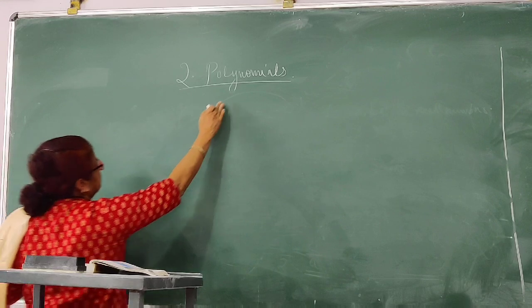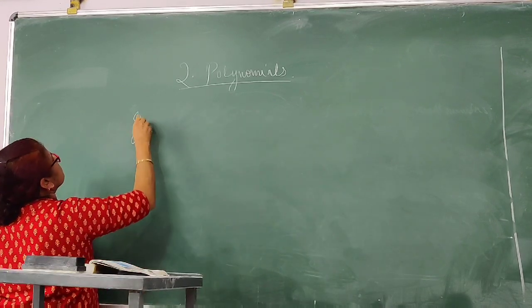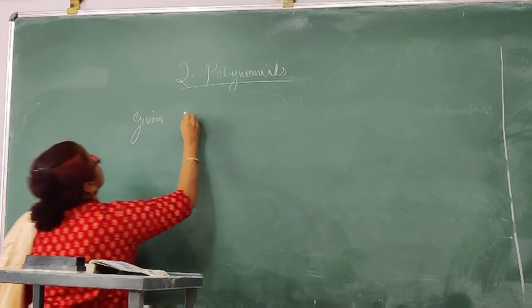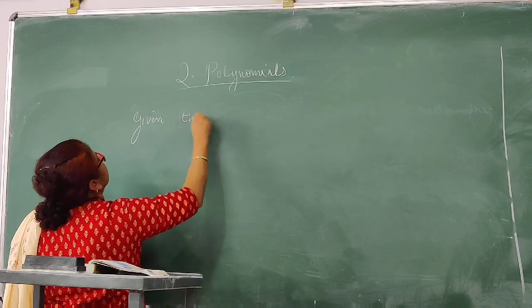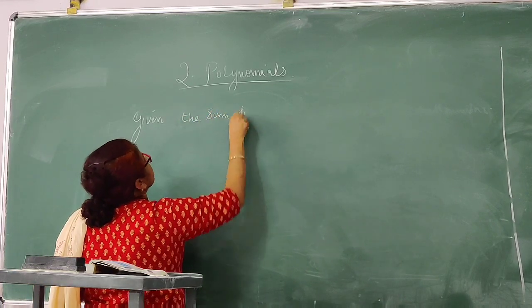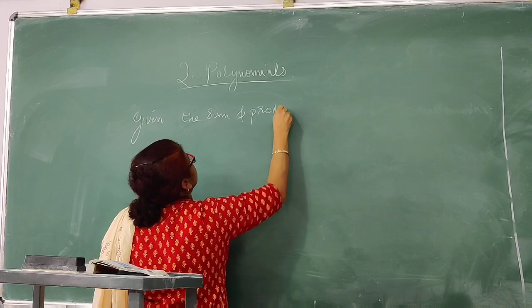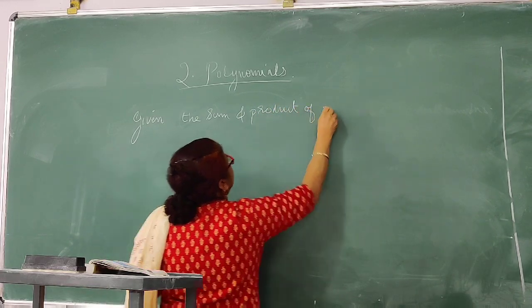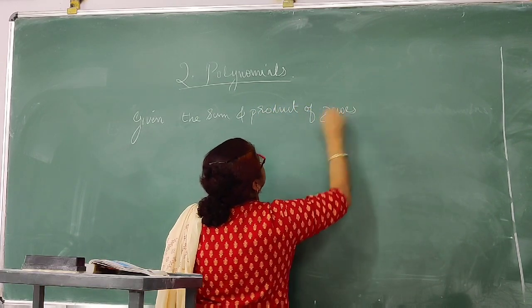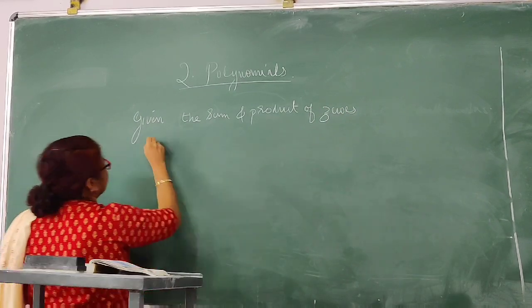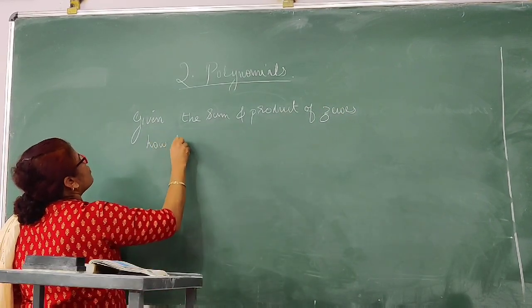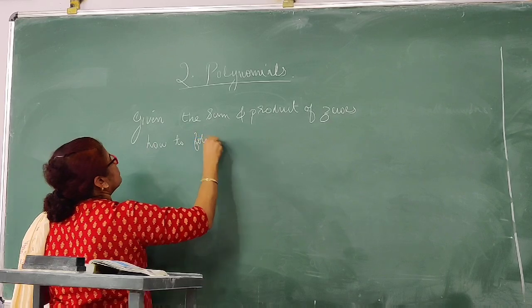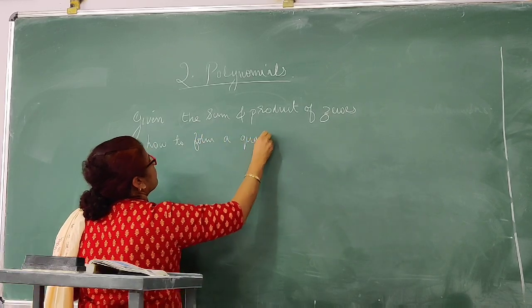And listen, given the sum and product of zeros, how to form a quadratic polynomial.